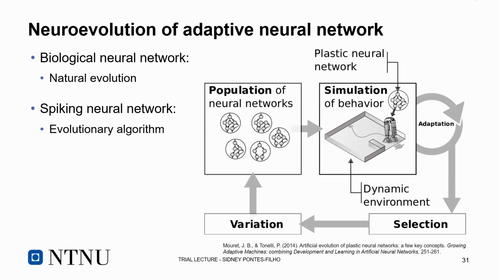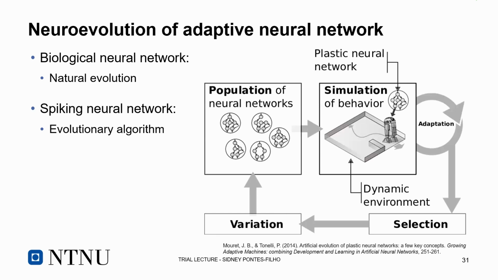So here we have a population of neural networks with different topologies and different weights between the connections. And we test them in a robot performing a task. This network is going to be adaptive, so it's going to have a learning process. That's why we have an inner loop of adaptation to perform the task. And it's going to have also a dynamic environment that it needs to overcome.